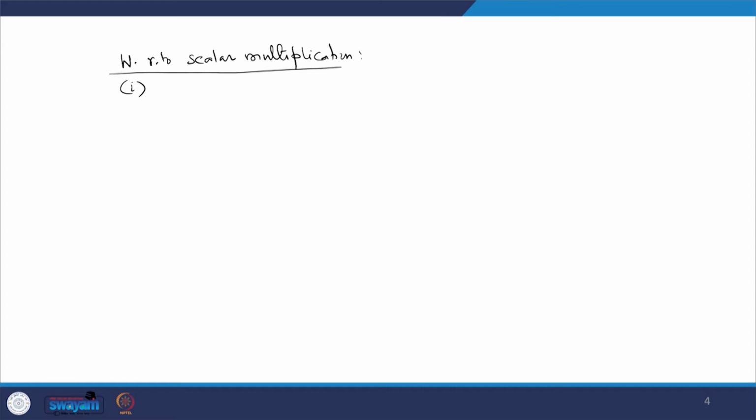So first is the closure property. I mean to say, for any C belonging to capital F and u belonging to capital V, C star u also belongs to capital V. That is, the closure property holds good.